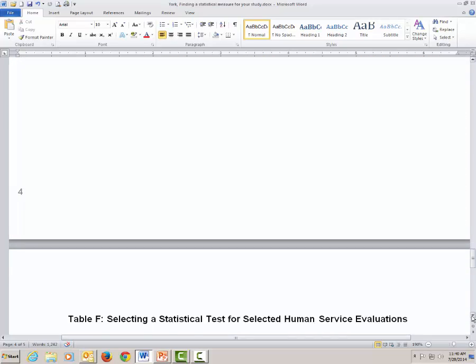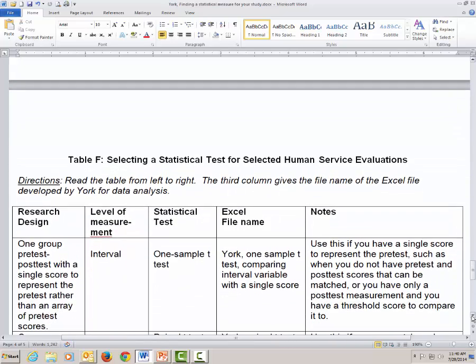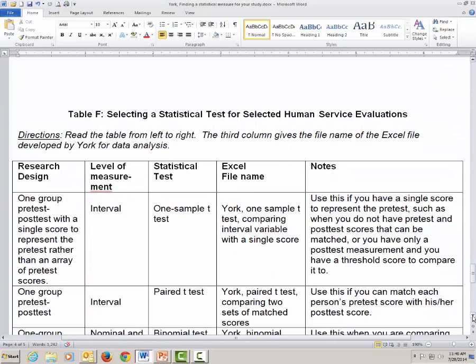Okay, now I want to move to a special table that not only tells you which statistic to use, but also the particular Excel file that I have created, which you could use to put in your data and find the results. You, of course, will need to have one of those files, and if you're in my course, you will have that available.